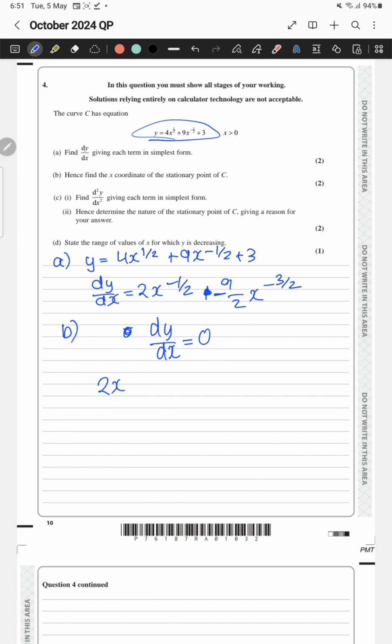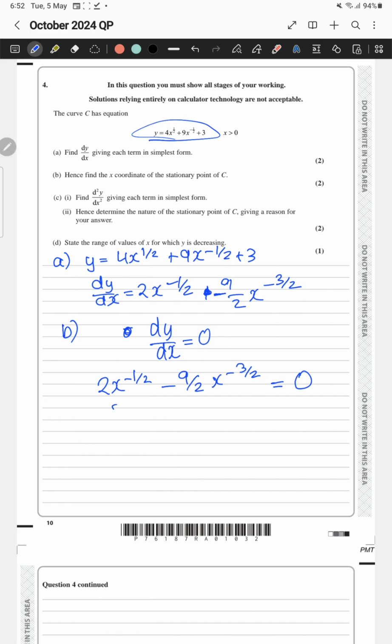So that means 2x to the power of minus half minus 9 over 2 x to the power of minus 3 over 2 should be equal to 0. Now we have to solve this equation. It's a bit tricky.